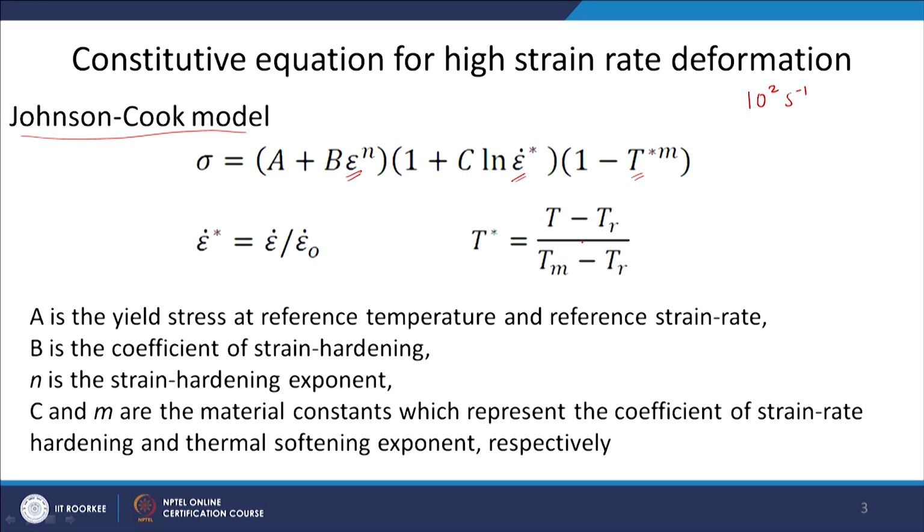The other parameters: A is the yield stress at reference temperature and reference strain rate, and B is the coefficient of strain hardening. Of course, because it is coming here, it has to be the coefficient of strain hardening. n is the strain hardening exponent, and C and m are the material constants which represent the coefficient of strain rate hardening and thermal softening respectively.